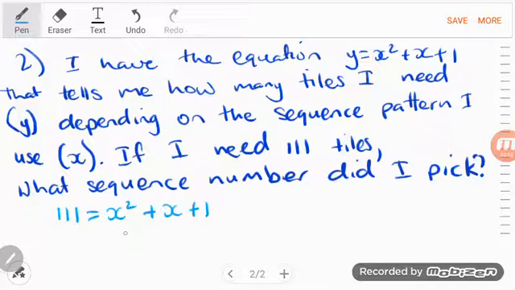So there's no other x squareds, there's no other x's, there's a 1 and there's 111, but they're on opposite sides of the equation. Not convenient. Let's shift one. Easiest one to shift is just the 111. So 0 is equal to x squared plus x plus 1 minus 111, which is going to equal x squared plus x minus 110.